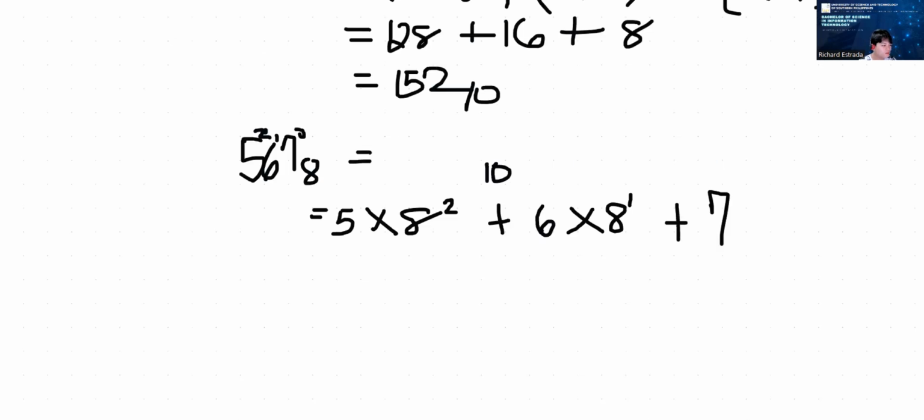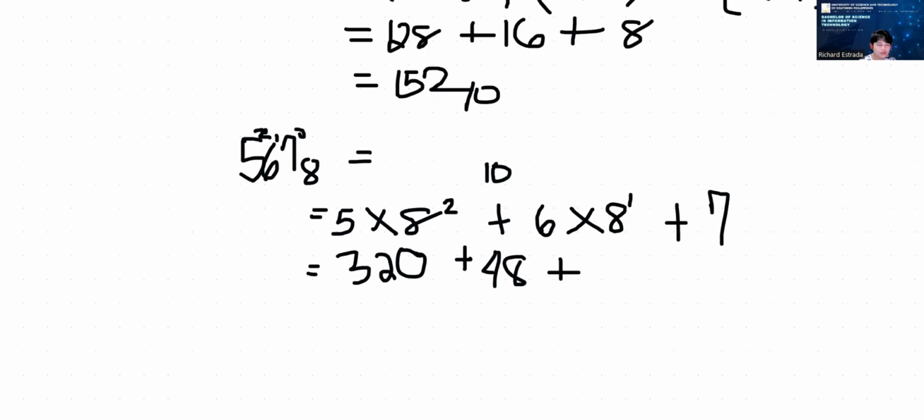Okay. 5 times 8 to the 2. 8 to the 2 is 8 times 8, which is 64, right? So 64 times 5, that is 320. I hope you understood. Plus 6 times 8 to the 1, 6 times 8, that is 48. And then plus 7.